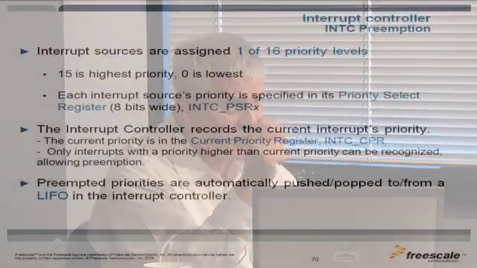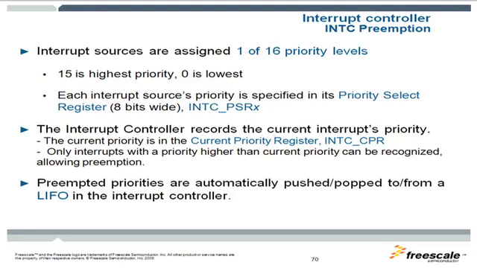If I have a priority 0 interrupt for a peripheral, will it ever be recognized? How many say yes? No, it can't. I only recognize higher priority interrupts. So that's one thing I have to do, and you'll see in the code when I initialize a peripheral like the PIT, I give it an interrupt priority above 0.